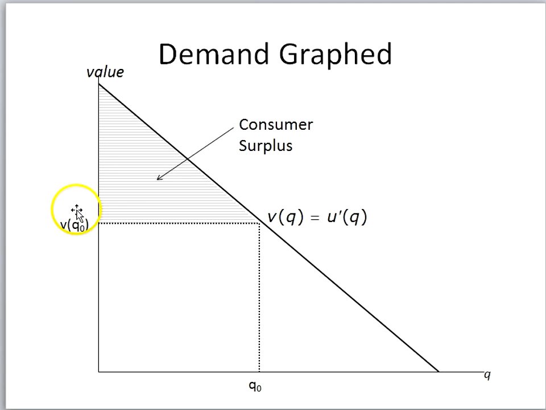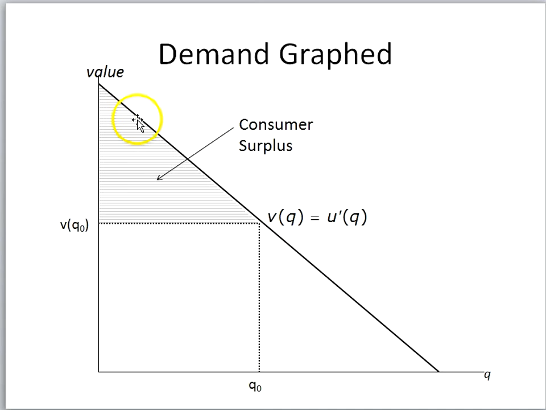If this is the dollars per unit that you're having to trade at, that is the price, you're going to be willing to buy only these many units. After that point, you are paying a price that is higher than the perceived value for you, because you no longer need that much of the same item.